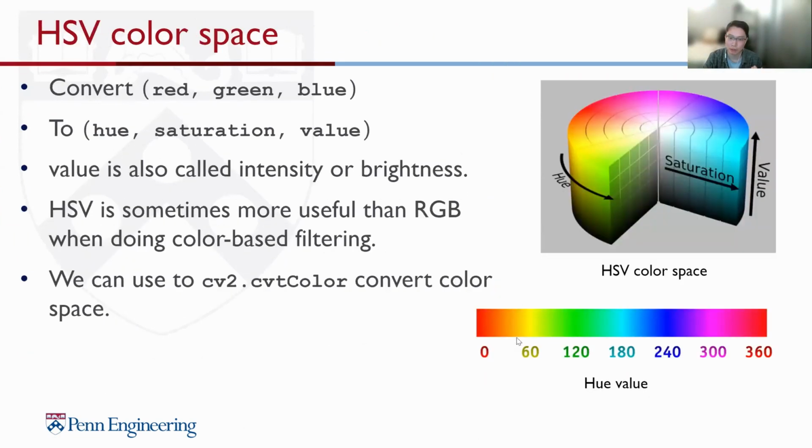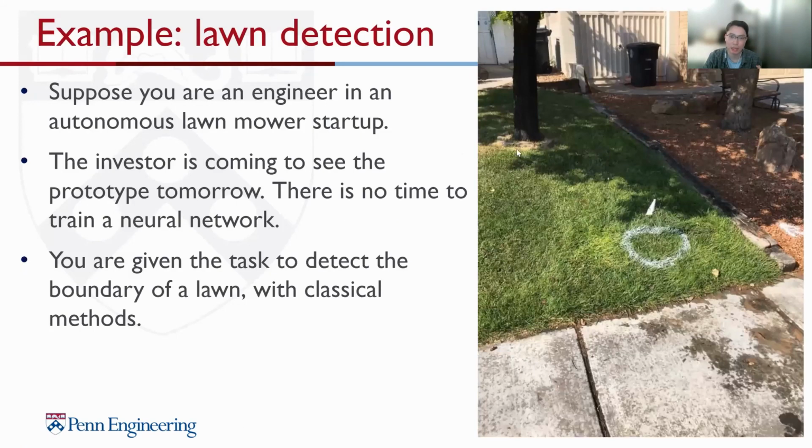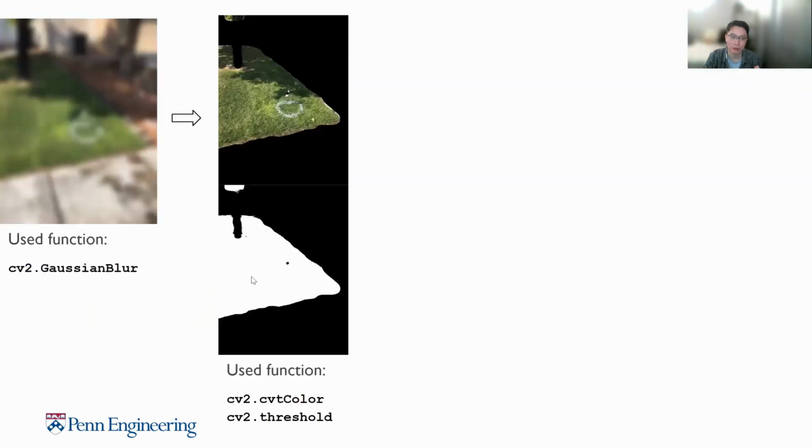So if we threshold between, for example, here and here, we can get this natural color, right? That's the next step. We can also threshold the saturation, because usually for any man-made things the color saturation is very low. Any natural things, like biological things, usually have high color saturation.